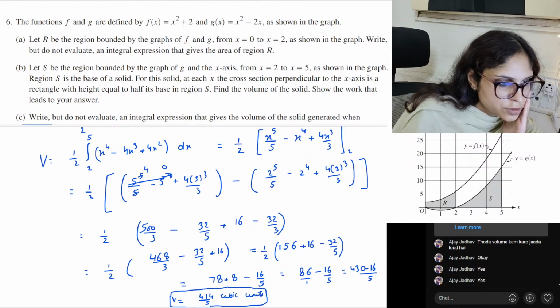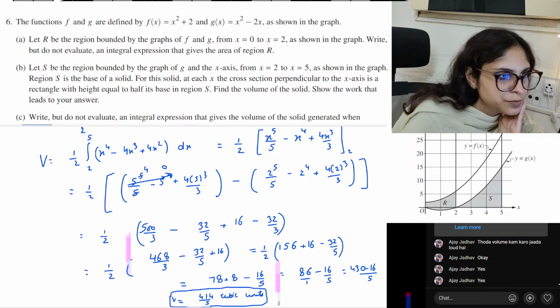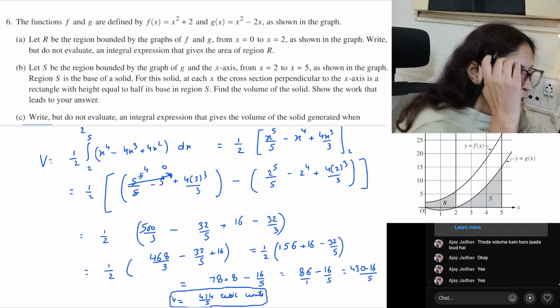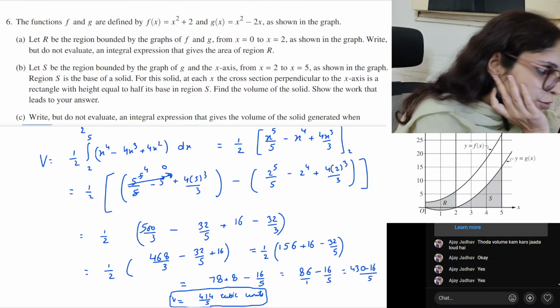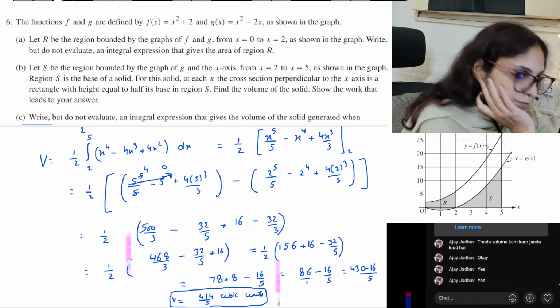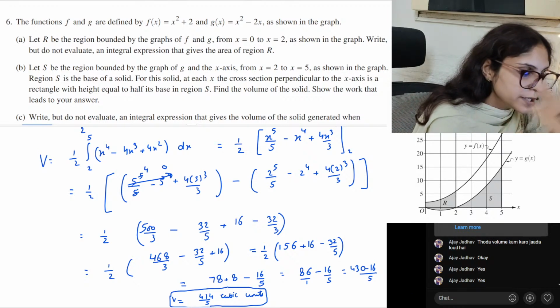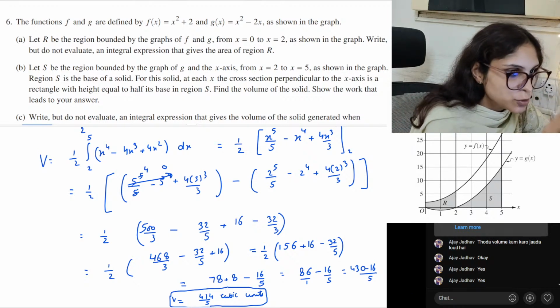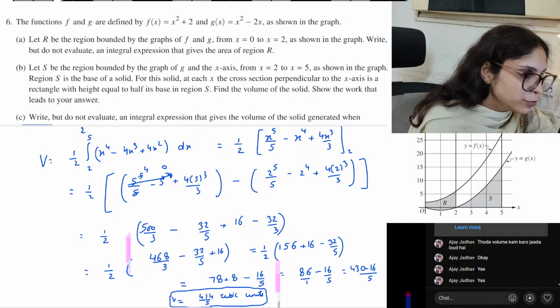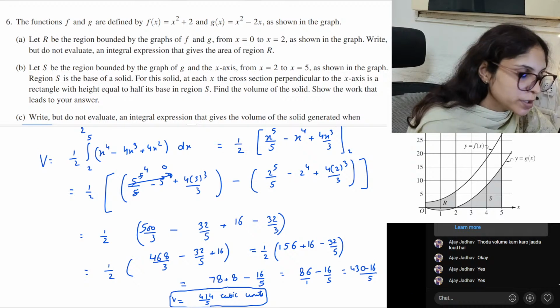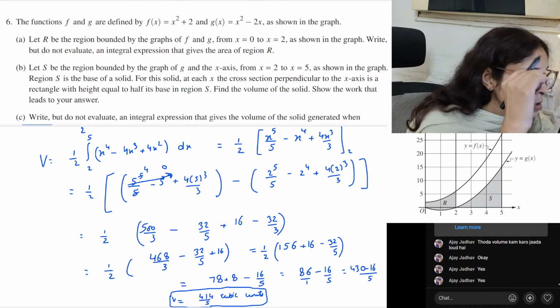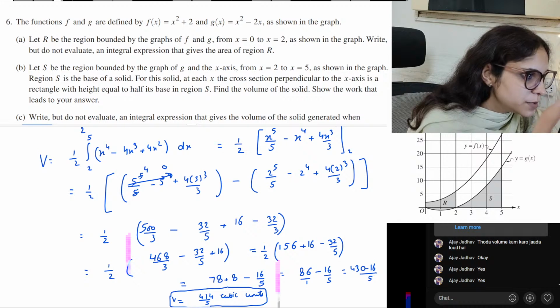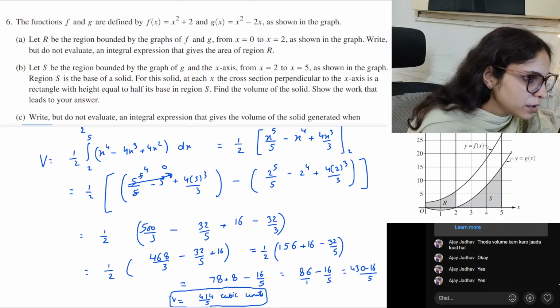If you want, you can also convert it into decimal. So it was half g of x whole squared dx. g of x is x squared minus 2x, so its whole square is x to the 4th minus 4x cubed plus 4x squared. So x to the 5th over 5 minus x to the 4th plus 4x cubed over 3.